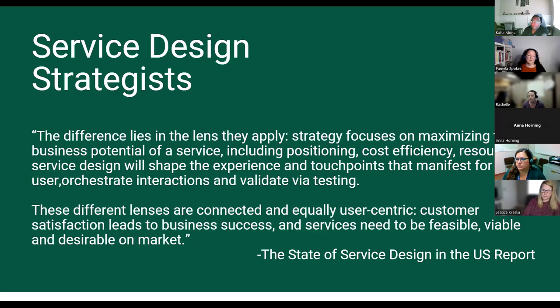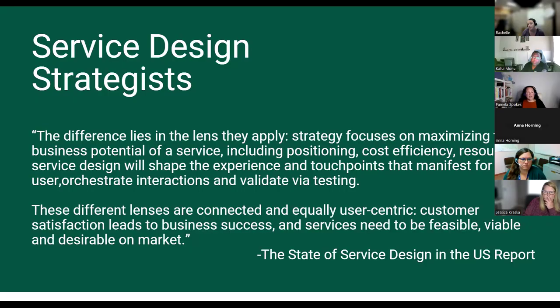So when you're creating a new service, is it feasible for the organization? Do we have the expertise here to put this forward? Is it viable? Do we have the money to actually make this happen? And do people want it? If you can't answer those three in the positive, then it's not the right service for your organization, and you have to go back and work on it.